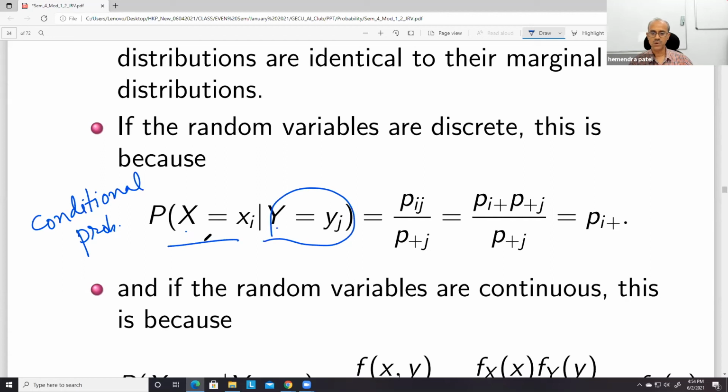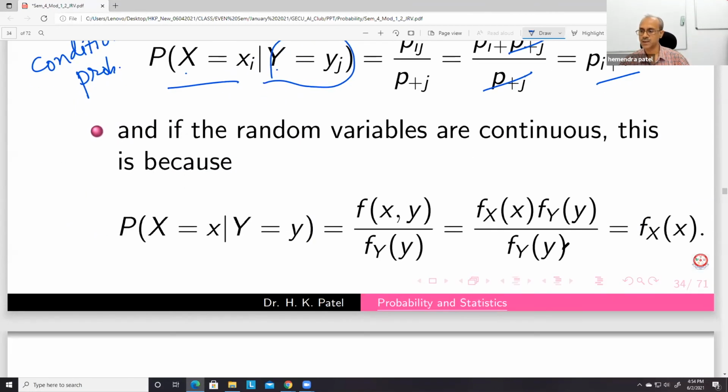This probability must be equal to P x is equal to xi. That is the meaning. And then we can prove that. This probability is equal to Pij over P plus j, and because x and y are independent, this Pij can be written as the product of their marginals, Pi plus times P plus j. Then this P plus j gets cancelled from numerator and denominator, so we get only Pi plus. And similarly in case of continuous.